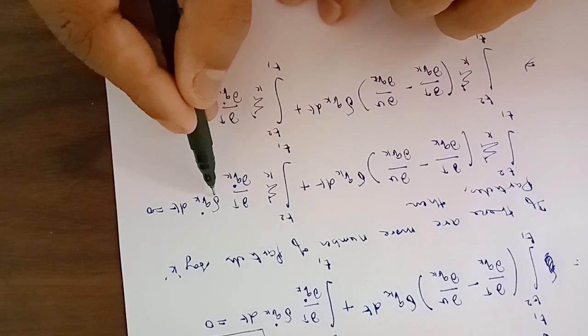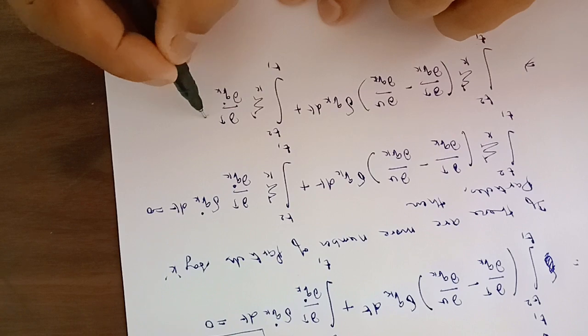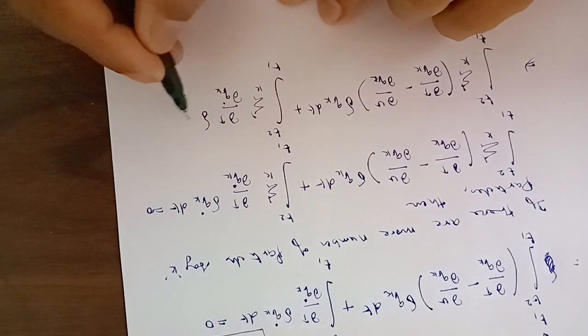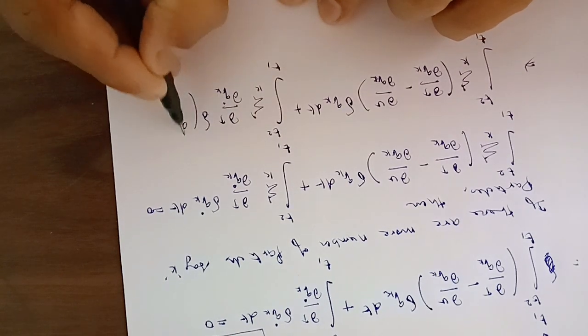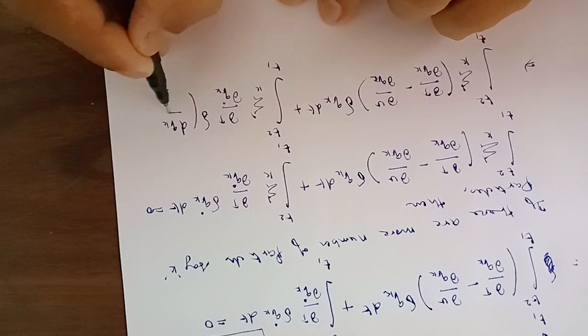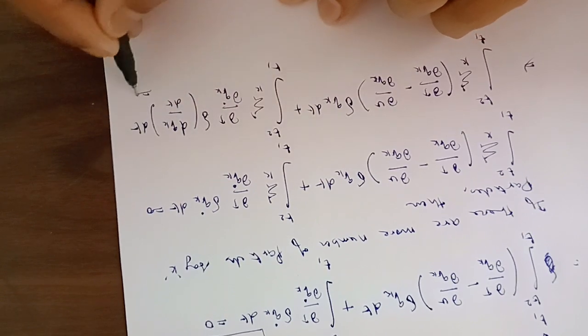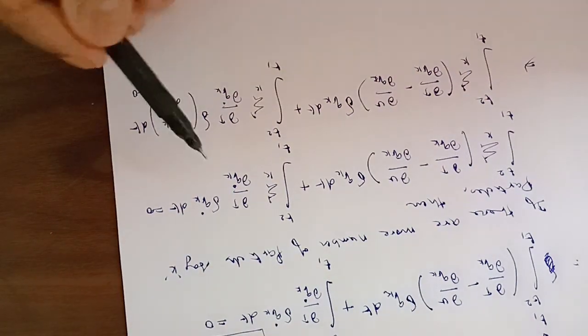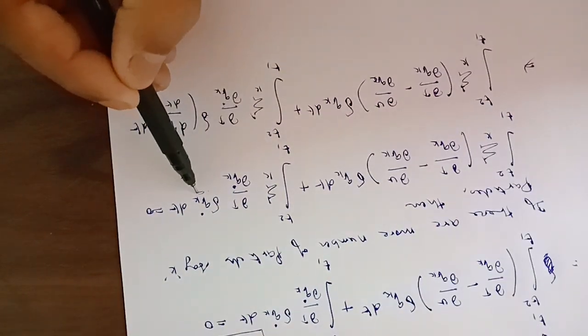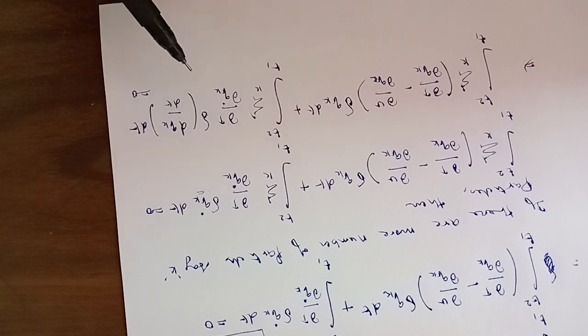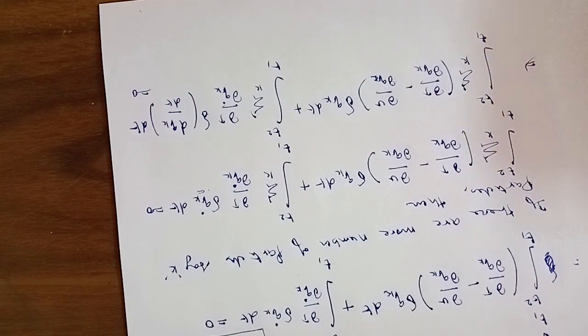Here you remove this delta, and this qk dot is nothing but dqk by dt, into dt, that is equal to 0. I am just changing this qk dot to dqk by dt, a small change here.